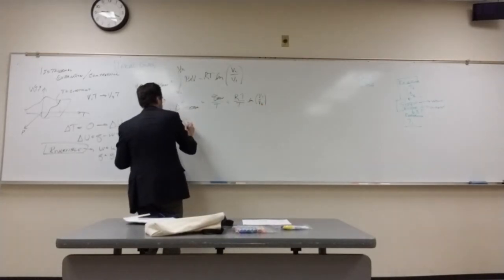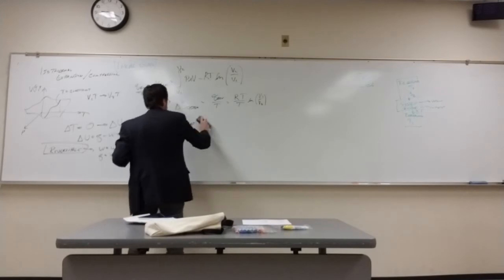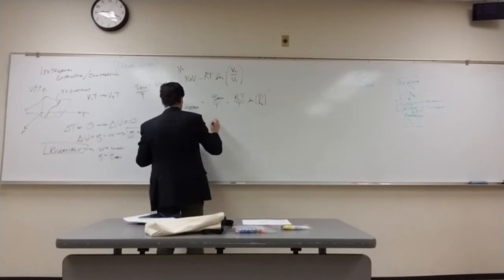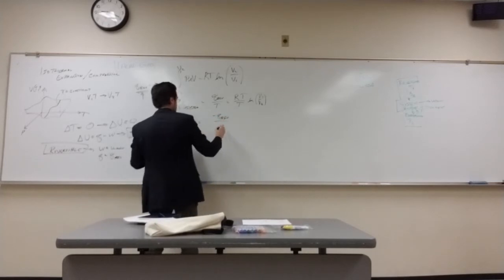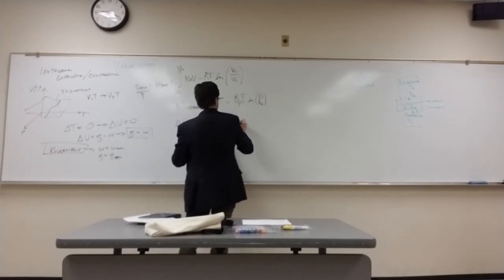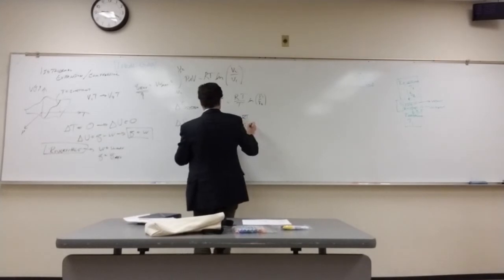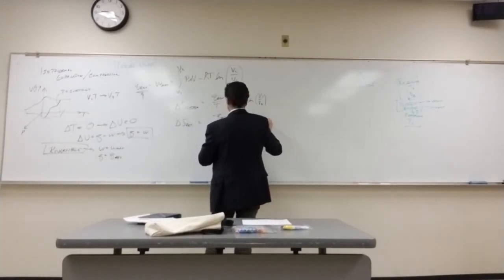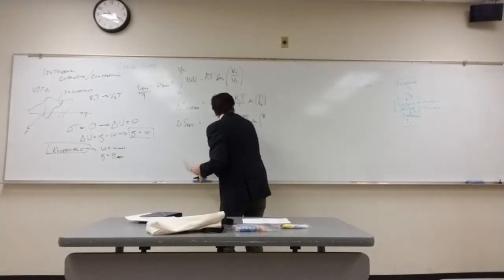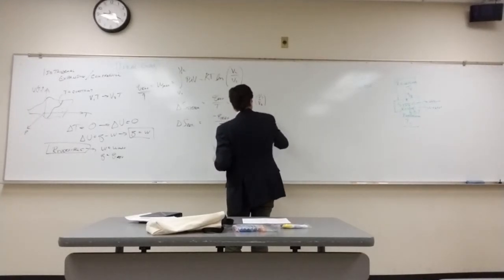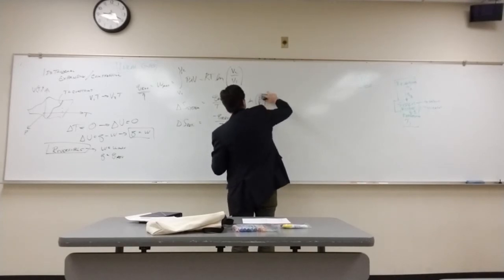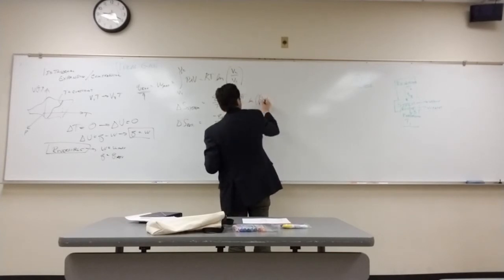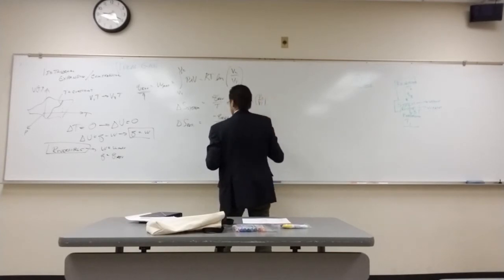And delta S of our reservoir, so changing notation here, reservoir is equal to negative Q rev over T, negative RT over T ln of V2 over V1.